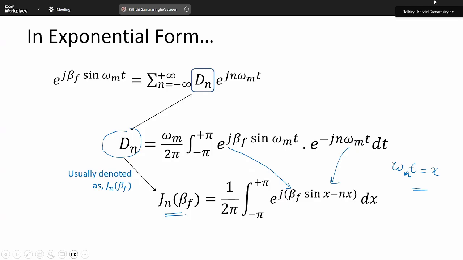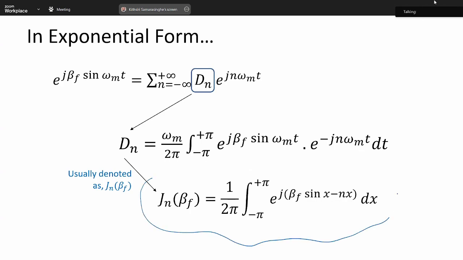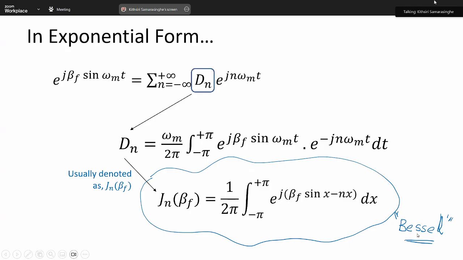Now this becomes a standard mathematical integral, not related to telecommunications, but in mathematics these are called Bessel coefficients, which we can directly read from Bessel charts.